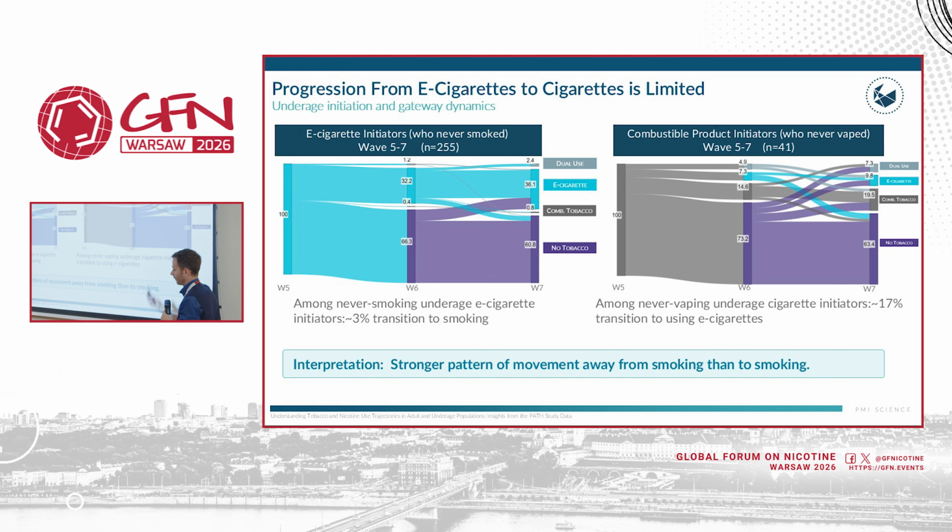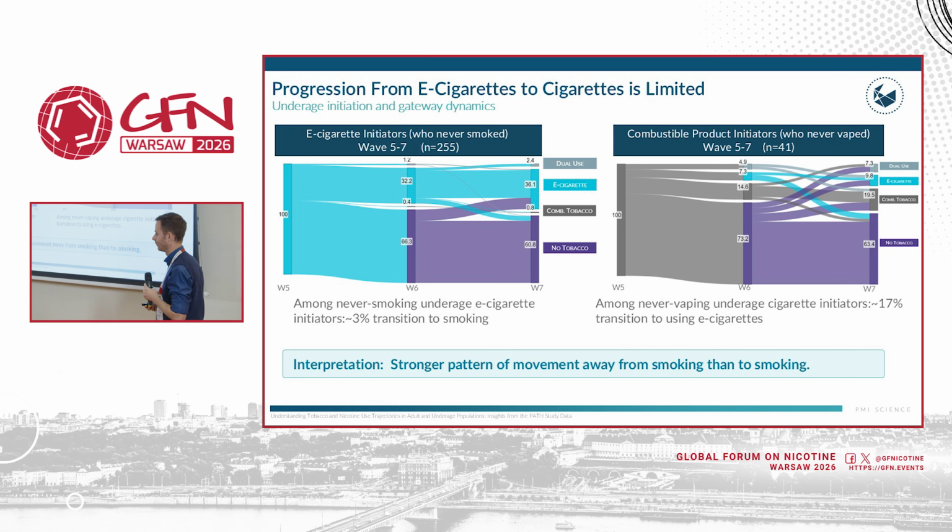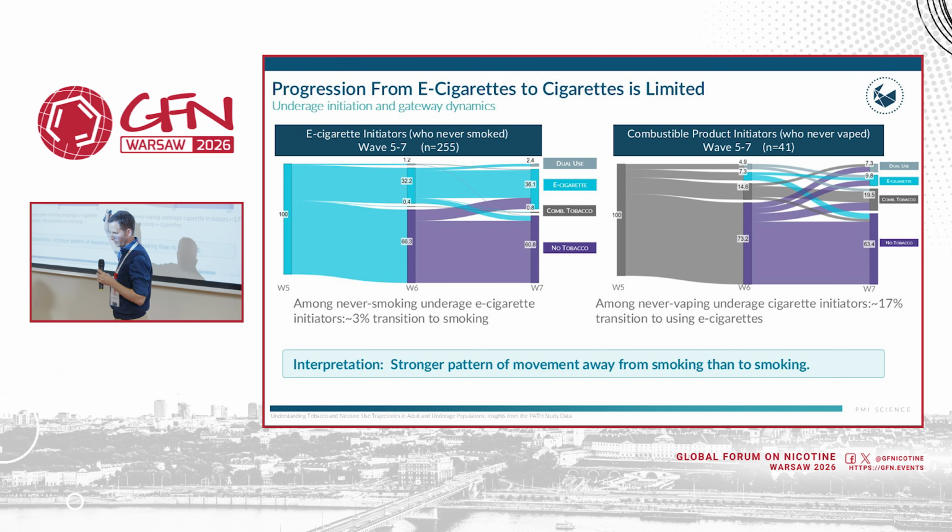And about 10% of them would have switched to electronic cigarettes. So if there is any gateway, it's more like smokers moving to e-cigarette use rather than e-cigarette users moving to combustible cigarettes. But again, we are talking about the United States, where cigarettes are socially not as accepted as in other countries. So again, these results pertain to the United States about 2020.